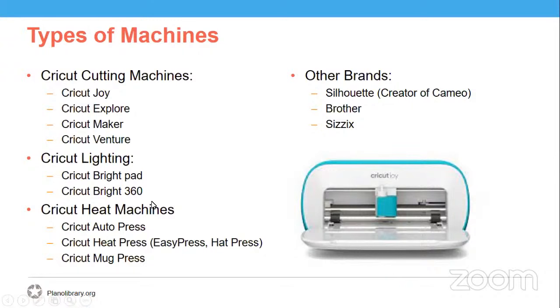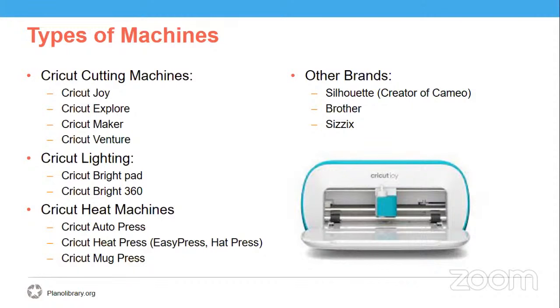They also have the Cricut heat machines. So these are used with iron on vinyl and sublimation ink, and includes the Cricut Auto Press, which is the industrial standard Cricut has for t-shirt pressing. It is a 15-inch by 12-inch iron pad. And then they have the Cricut Heat Press series, which includes the Easy Press, which comes in the 9 by 9-inch size and 12 by 10-inch size.